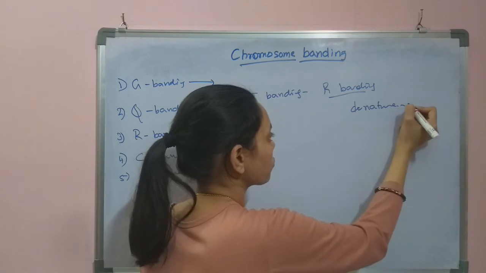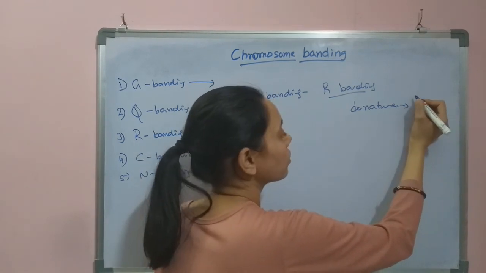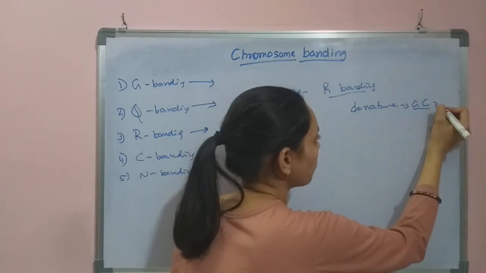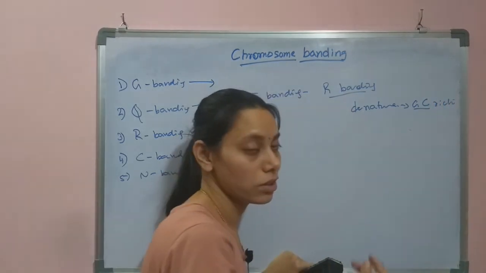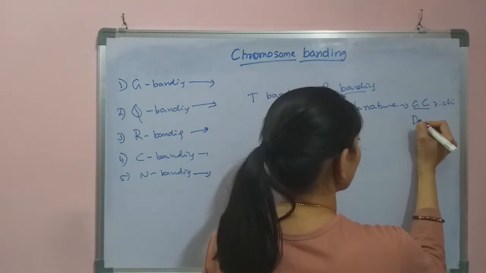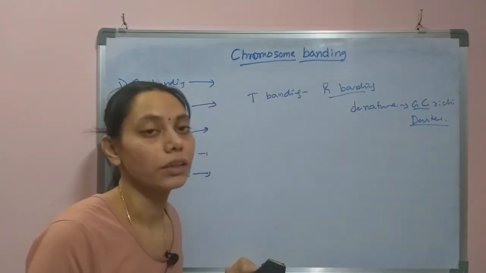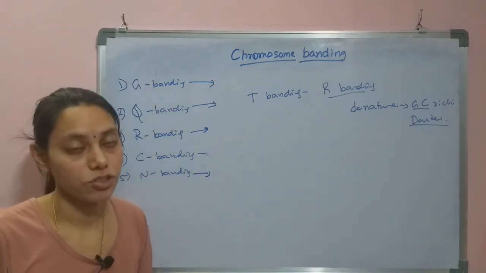We denature the chromosome to obtain GC rich regions, which are stained darker than the AT rich regions.